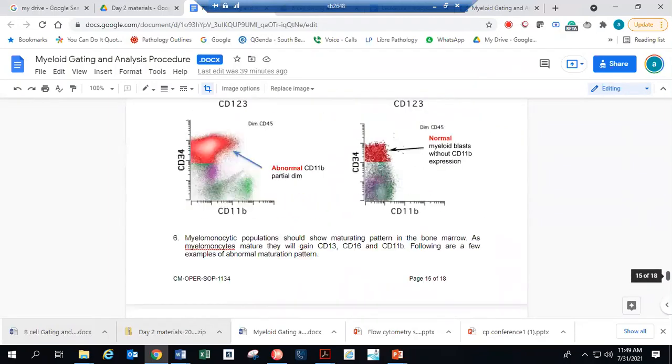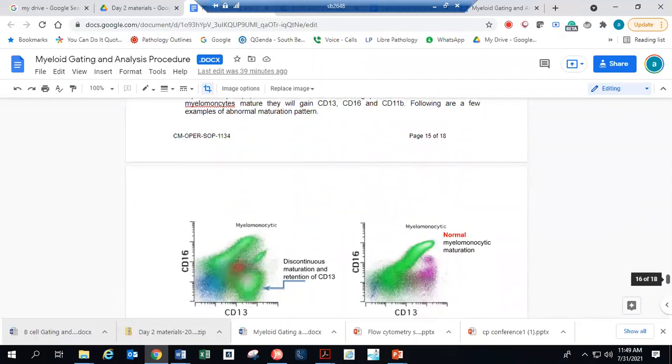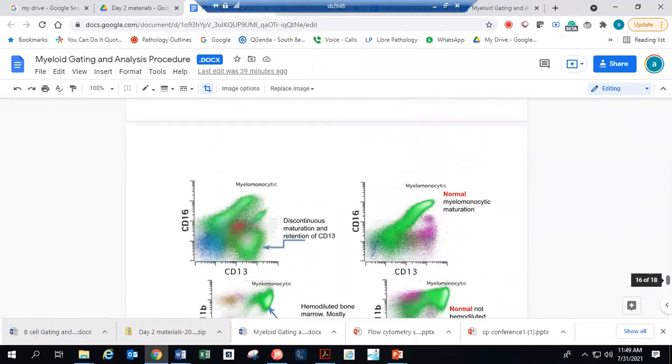And this is important because now we are talking about the normal myelomonocytic and abnormal myelomonocytic maturation. Why is this important? Again, if you go into the MDS charts, there's a nice MDS overview as to how the markers are different or aberrant in case of MDS.